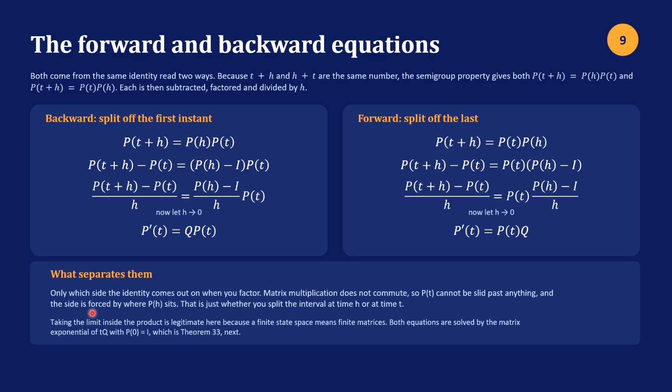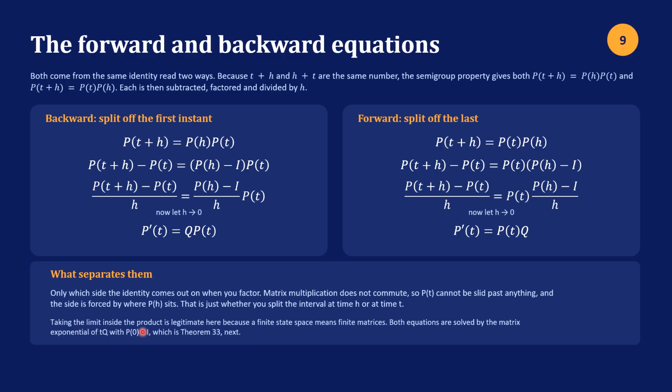What separates them? Only which side the identity comes out on when you factor. Matrix multiplication does not commute in general, so P of t cannot be slid past anything, and this side is forced by where P of h sits. That is just whether you split the interval at h or at t.